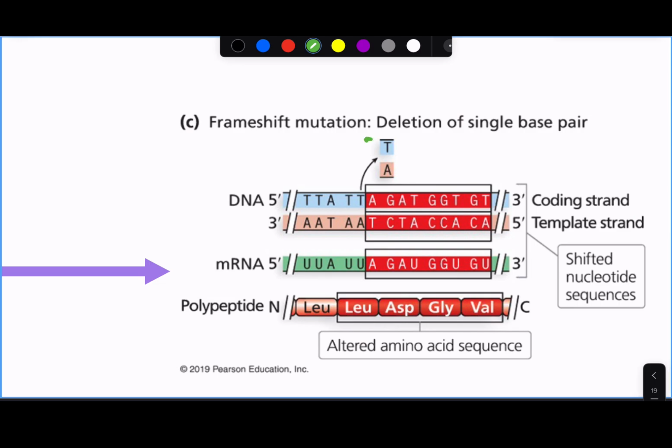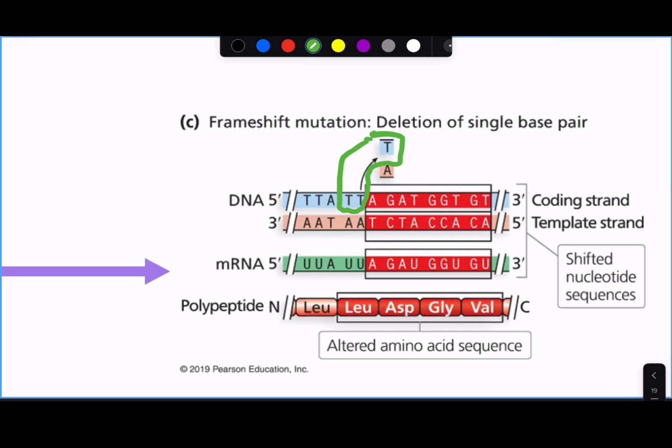I can mark it with green. So we had a TTT, but due to replication errors, that T is skipped, taken away from the sequence, and from that point onward, DNA polymerase will keep replicating a sequence that is missing that T. What happens is the rest of the sequence shifts one position over.